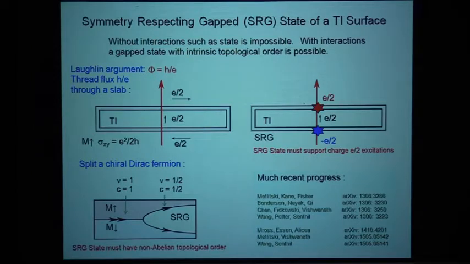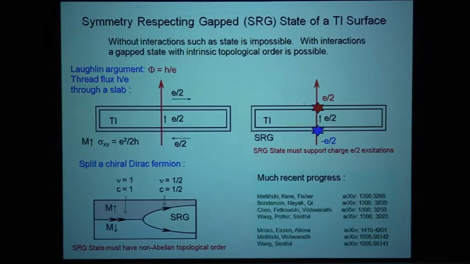Okay, and so what I want to imagine is I have my topological insulator, and first I'm going to surround it by magnetic material. So I open up a magnetic gap on the surface. Okay, so the entire surface is in this quantum Hall state that has a Hall conductance of e squared over 2h.